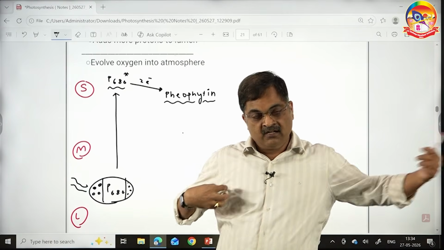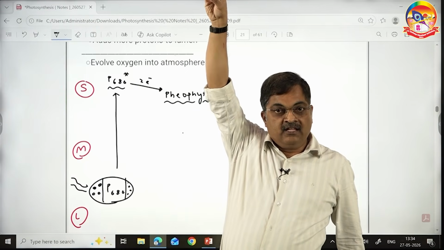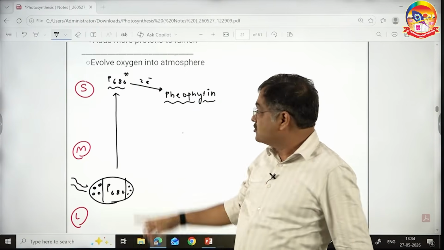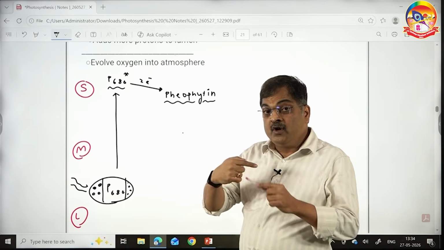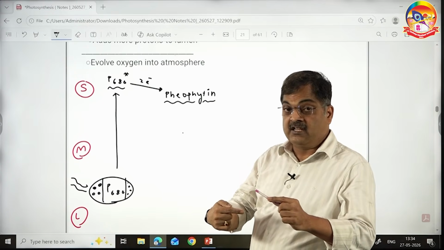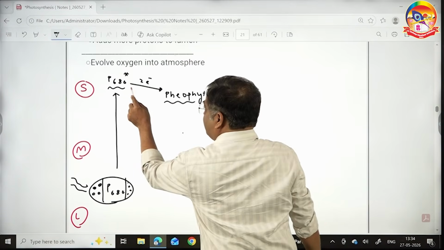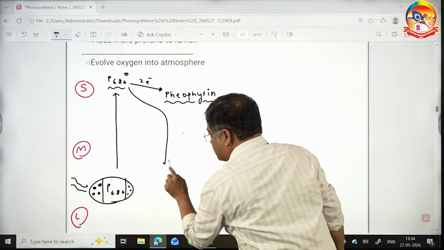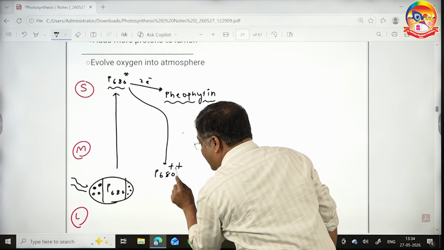I'm P680. When light hits me, this is P680 star here. Then I'm going to donate the 2 electrons to pheophytin. Now, after donating 2 electrons to pheophytin, the P680 star, for convenience only, now becomes P680 plus plus.